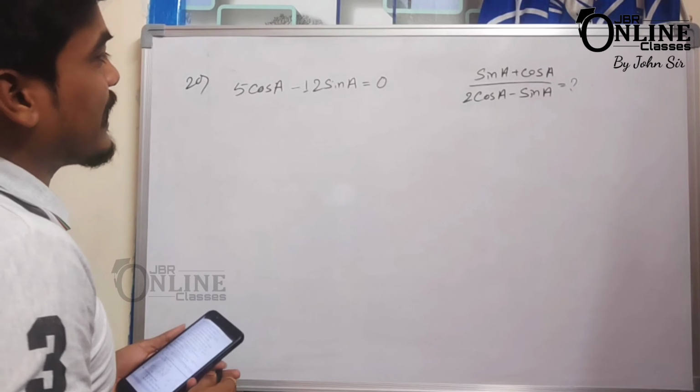From that you can write 5 cos A equal to 12 sin A. So cos A by sin A equal to 12 by 5, that means cot A equal to 12 by 5, that means tan A equal to 5 by 12.